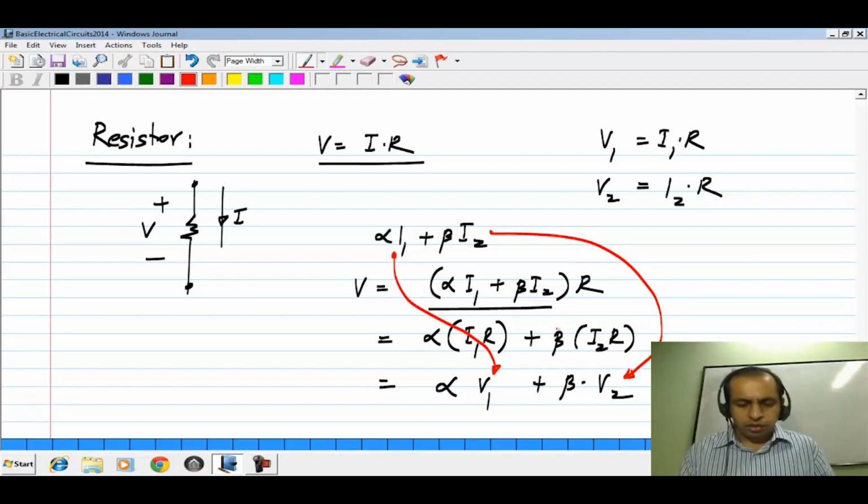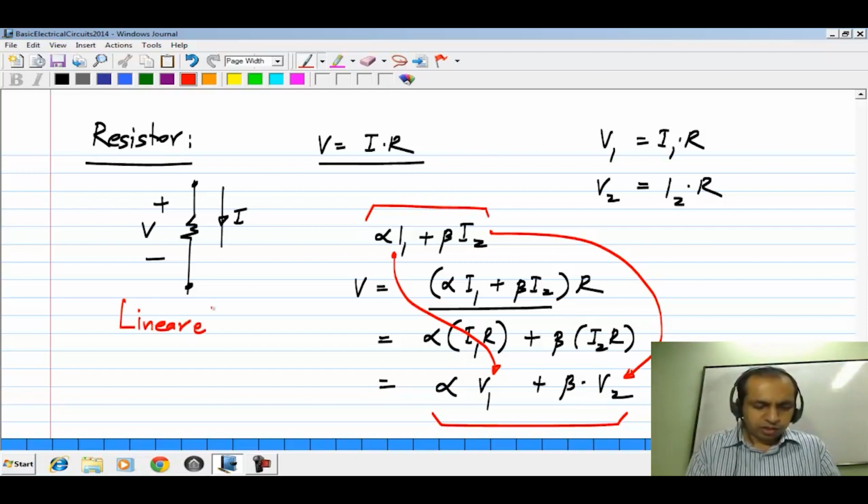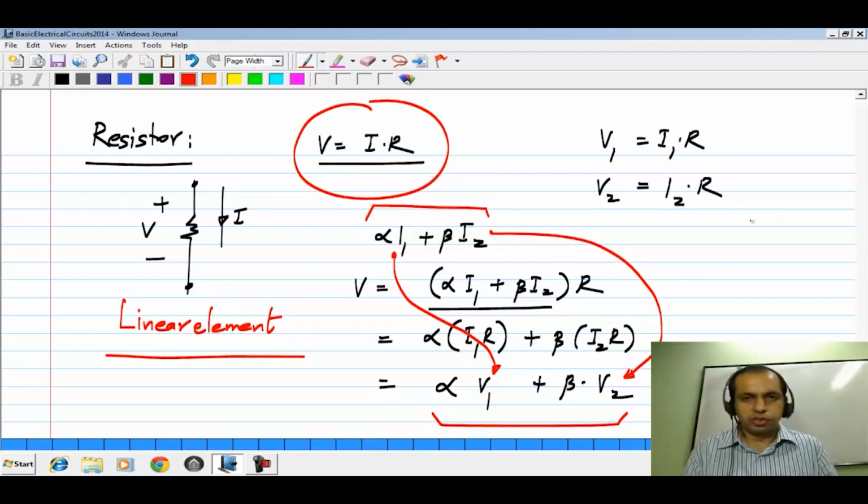So if we apply a linear combination alpha I1 plus beta I2, we will get the same linear combination of responses alpha V1 plus beta V2. So a resistor is very much a linear element. If you have a relationship that shows proportionality like this, it's a linear element. And an essential feature of this is that if I is 0, V is 0. That is, if the excitation is 0, the response would be 0.